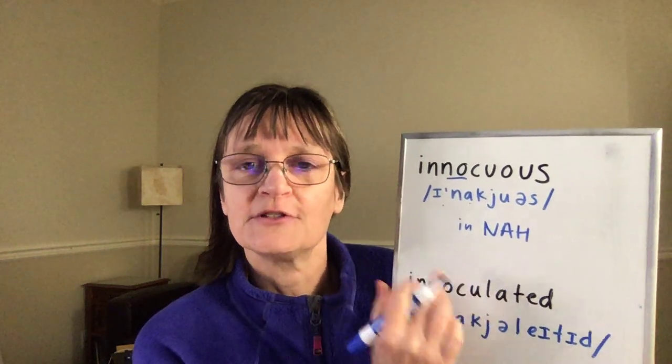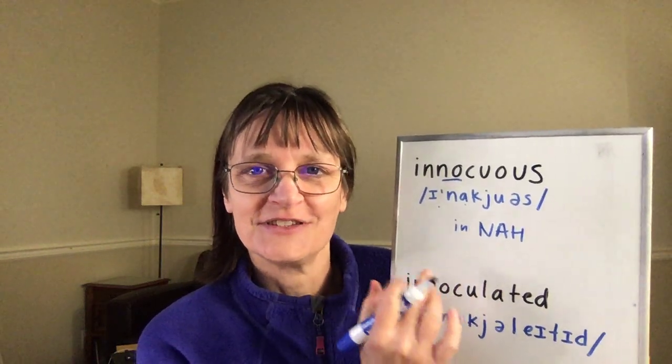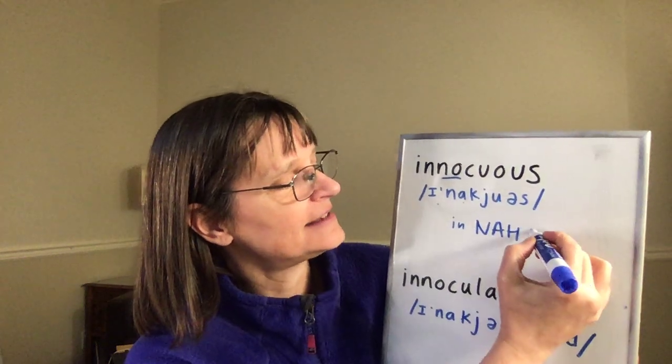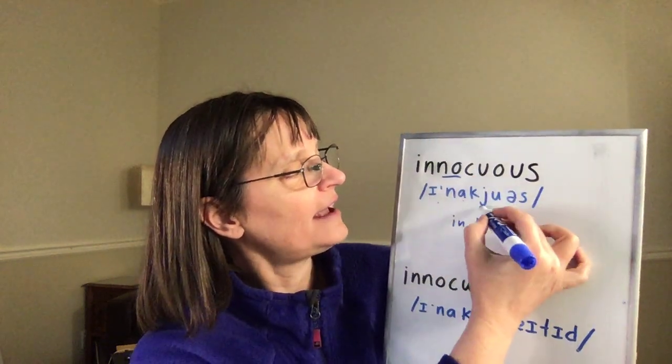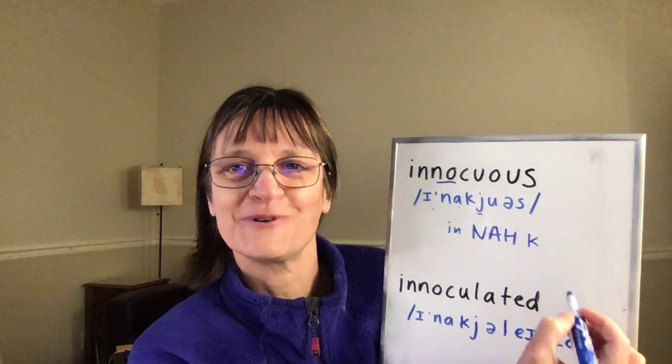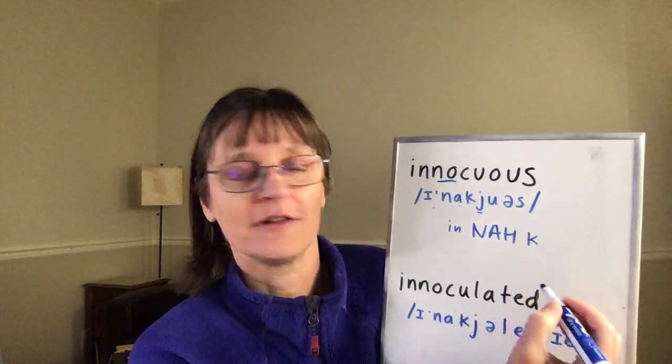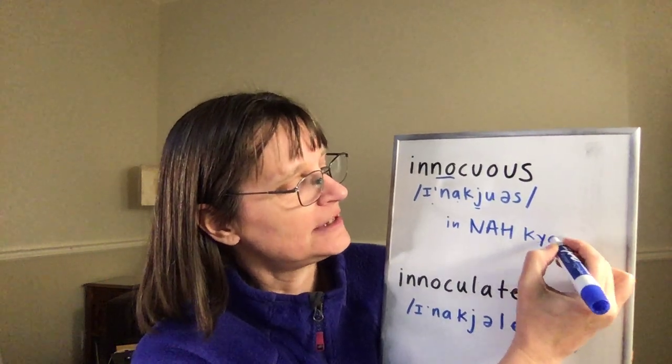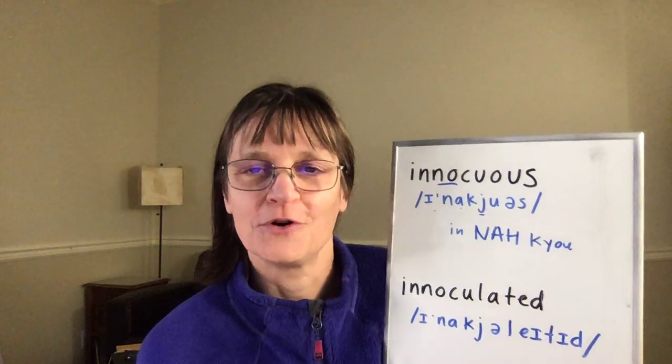And in innocuous, we then have our letters CU say the K sound, and then there's a glide. So this is one of the words in English where the letter U sounds like its name, sounds like the word you.